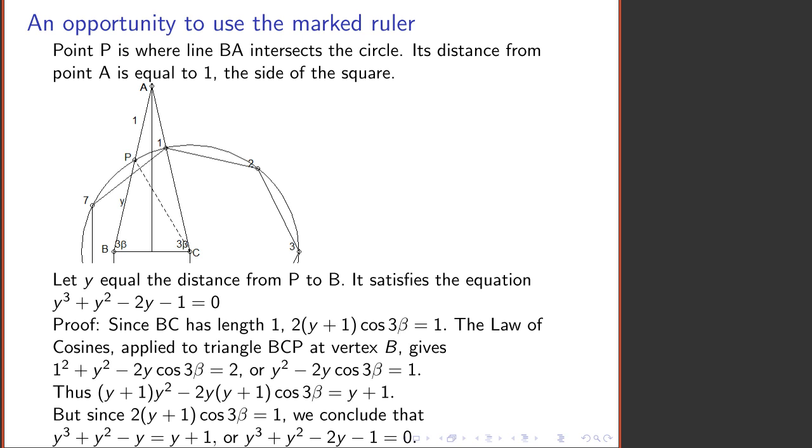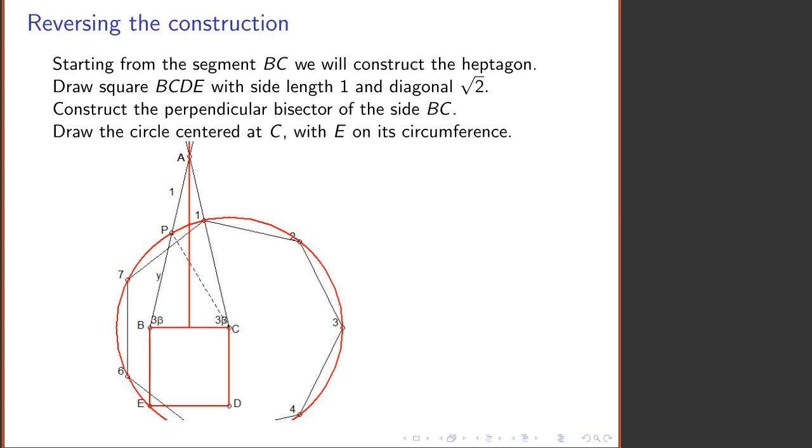Now the challenge is to reverse this construction. So again, I'll follow the same convention. Everything that's in red has been drawn. Things that are still in black have not yet been drawn. So I'm now going to start with my segment BC, whose length I call 1.